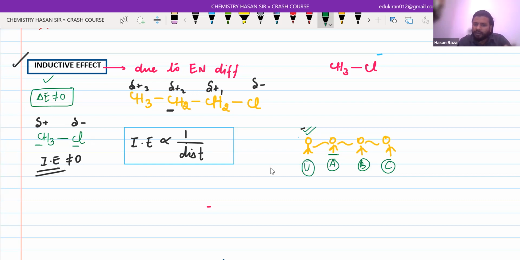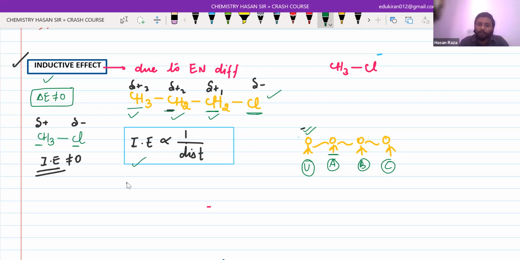What I want to say is that chlorine will withdraw electron from this carbon, this carbon, this carbon, but the force of attraction towards chlorine will be more at the first carbon, then the second carbon, and then the third carbon. That means the inductive effect decreases with distance. That's why the inductive effect is inversely proportional to distance.